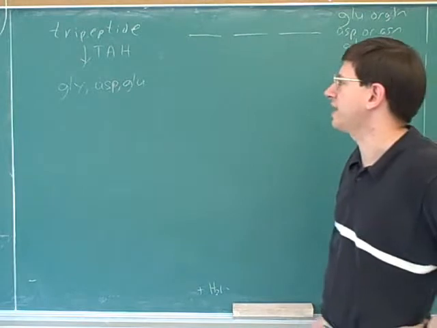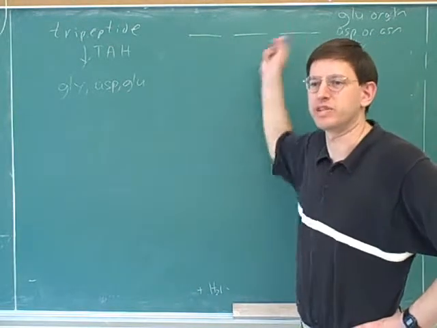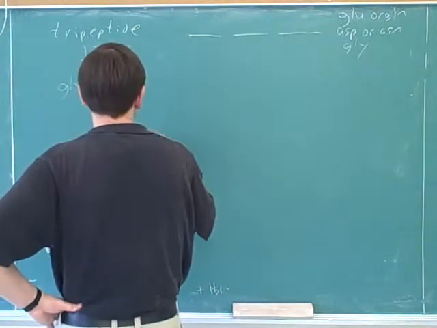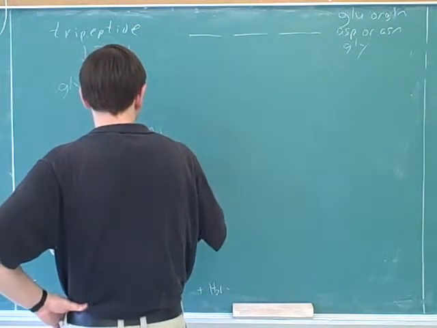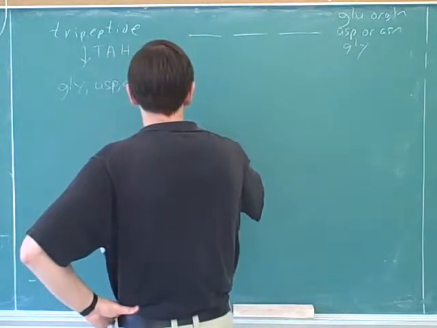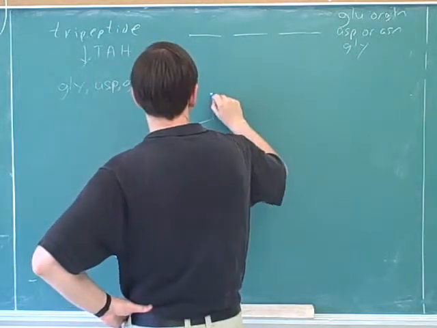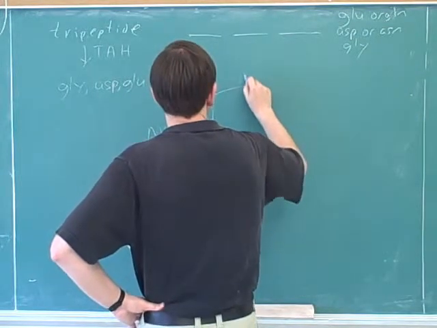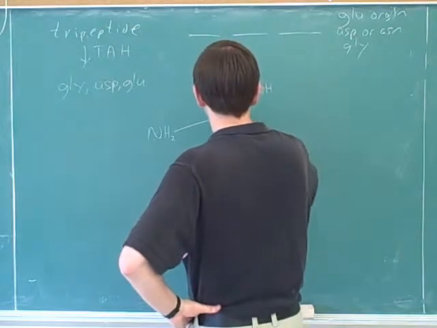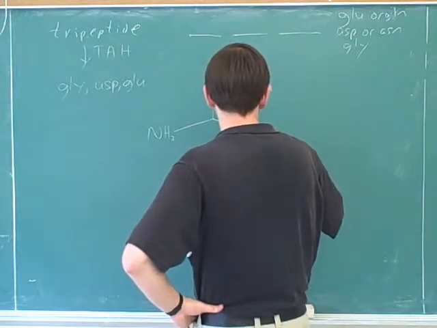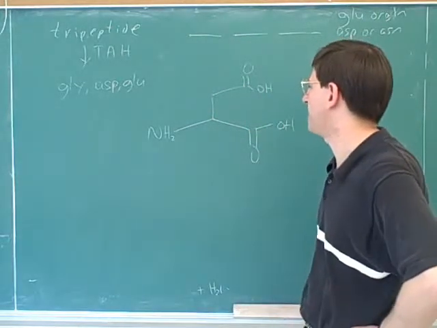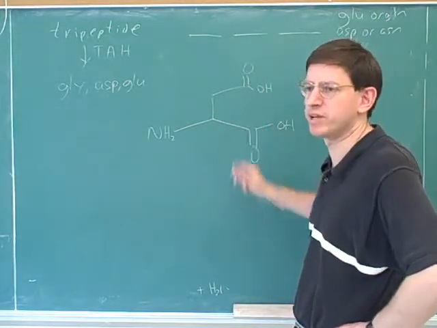All right, so now we're going to see how we can use hydrazine to tell which of these we started with. To save time, I'm not going to draw the whole tripeptide. I'll just draw one of the amino acids.